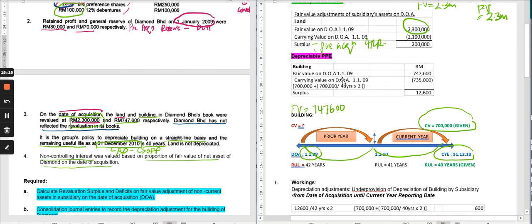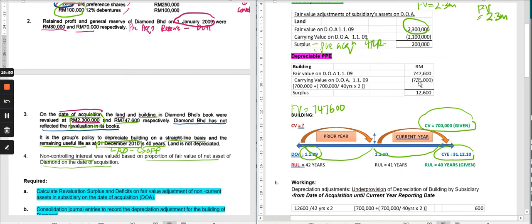So to find the carrying value on 1st of January 2009, if it's 700,000 and the remaining useful life was 40 years, you need to find back the 2 years depreciation and add back to this 700,000. To do that, take the 700,000, the carrying value, divided by the remaining useful life, 40 years, and multiply by 2 years, going backward for 2 years, so that you can find the carrying value on 1st of January 2009.